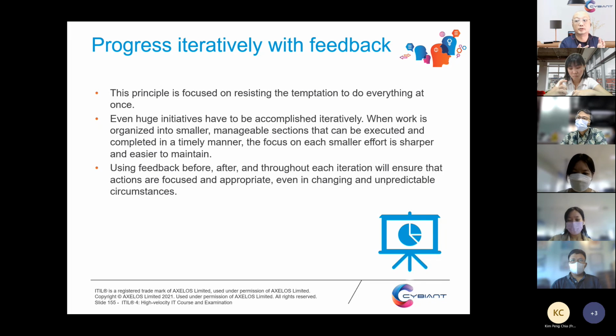Is this helping to resolve the issue? Is this improving the current state? That's why progress iteratively with feedback is key. Don't just do, but never check. You could have gone off on a tangent. So you always need to check at every iteration, meaning at every minor or incremental improvement.